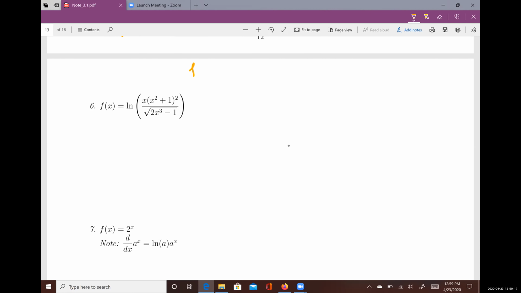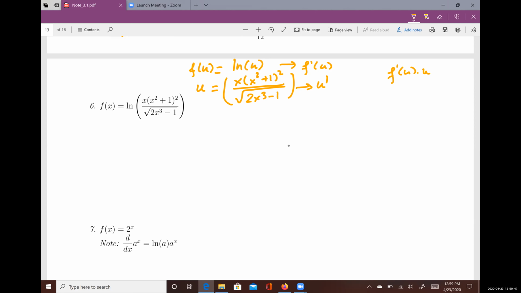You can say f of u equals ln u, the outer function, and u equals whatever is inside this natural logarithmic function, x times x squared plus 1 squared divided by the square root of 2x cubed minus 1. And then from here you can find f prime of u, and then u prime, and then put them together, f prime of u times u prime, to be your answer.